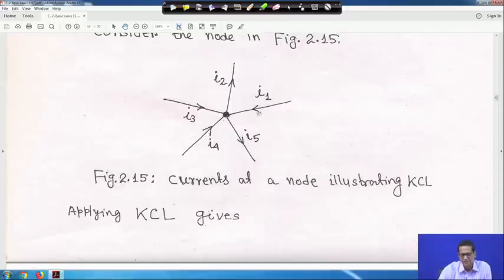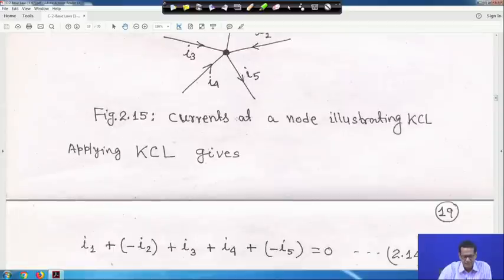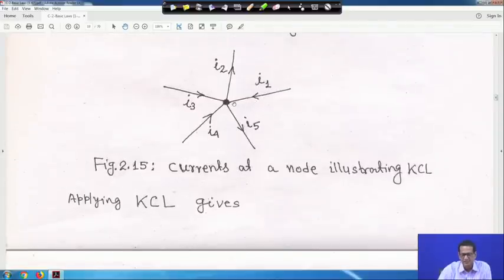If we take incoming currents as positive, then I1, minus I2 because it is outgoing, plus I3 incoming, plus I4 incoming, and minus I5 outgoing, is equal to 0.